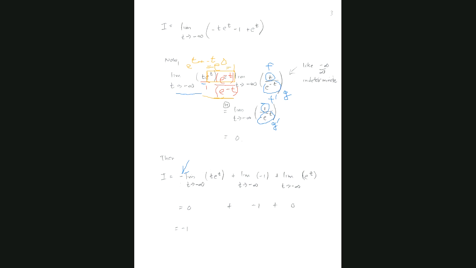Okay, good. All right, so now we are ready to compute the entire limit. So if we go back here, you had the limit of t, negative t times e to the t minus 1 plus e to the t.